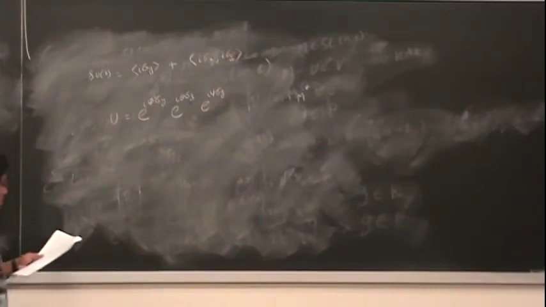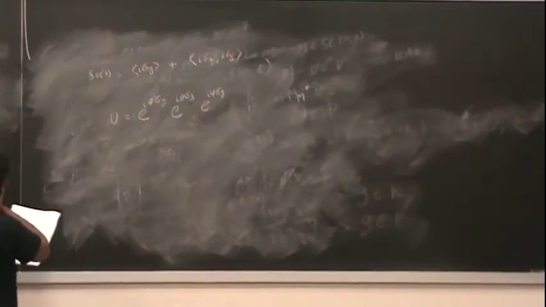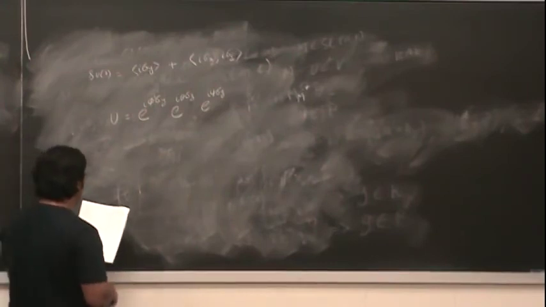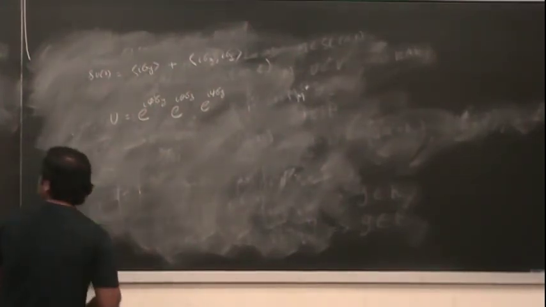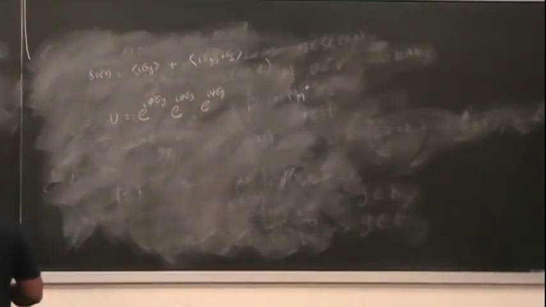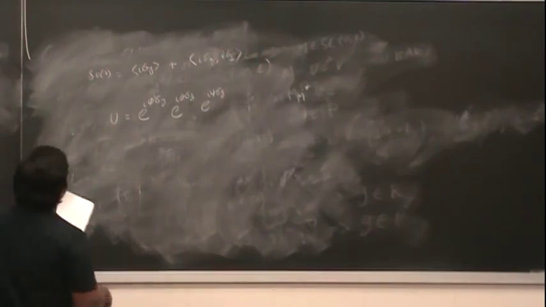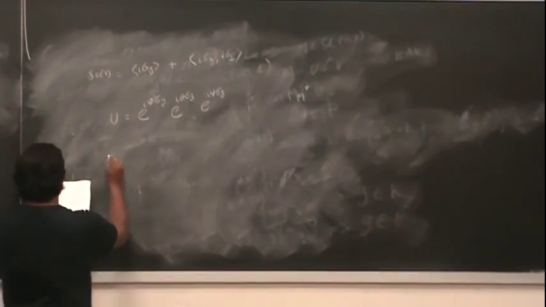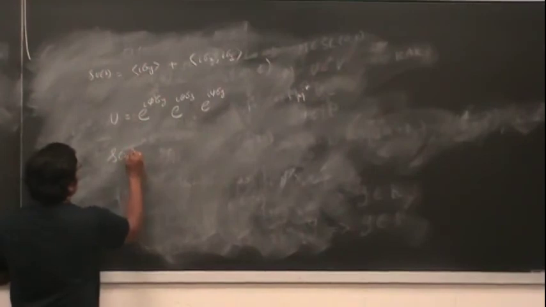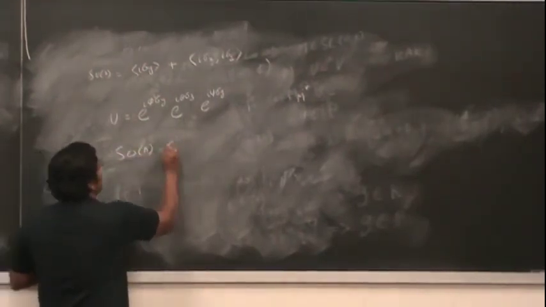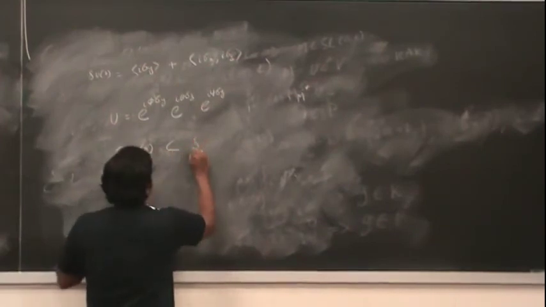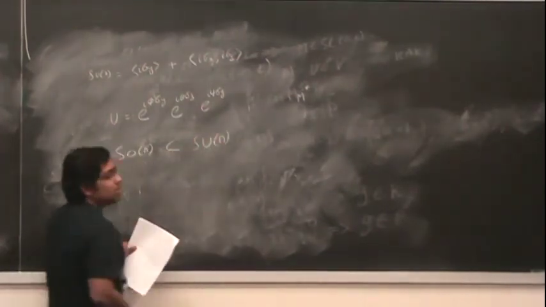Another type of thing is, we have SO(N) as a subgroup of SU(N), right?